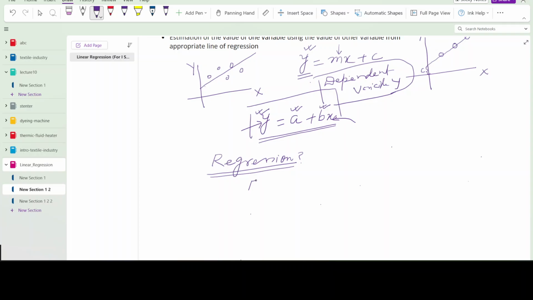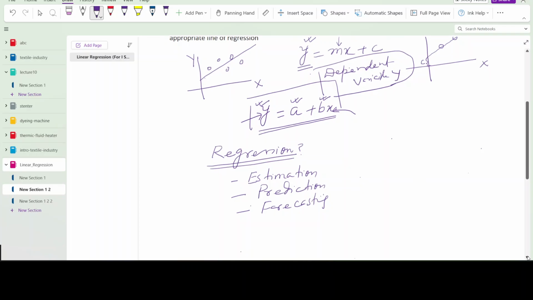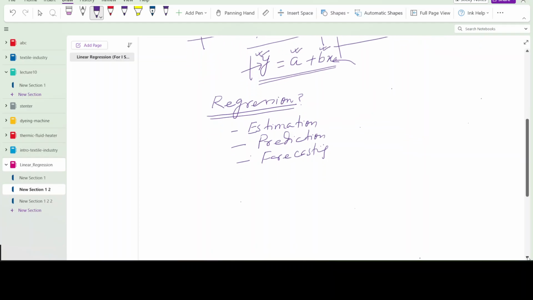Regression is used for estimation or prediction or forecasting, and the curve we are fitting in this observation is a straight line, so we call it linear regression. I think till now you have some feeling of the subject.